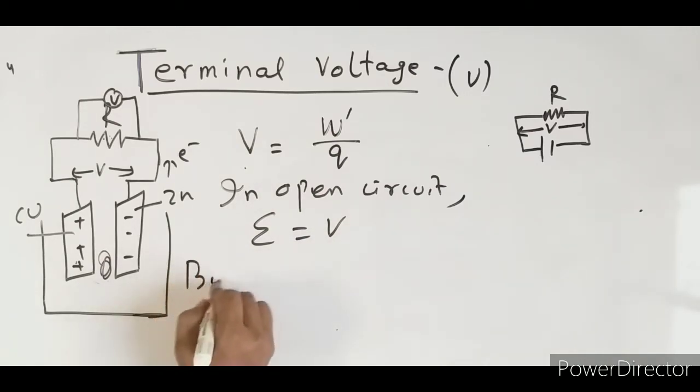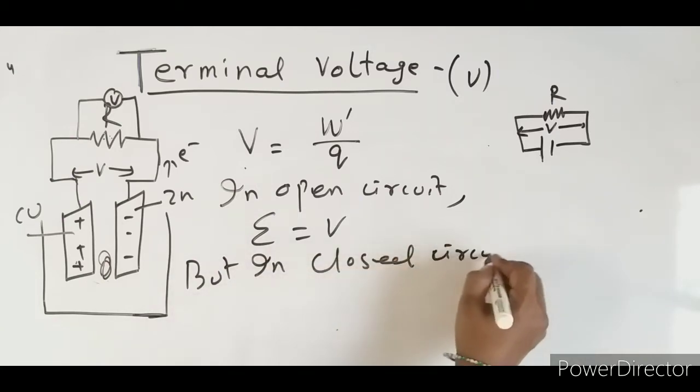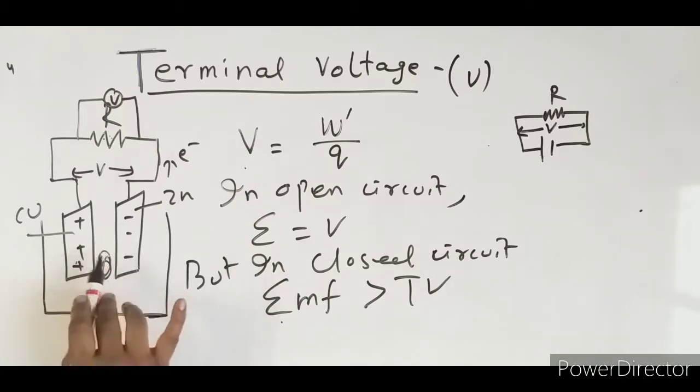But in a closed circuit, when current is flowing, EMF is greater than terminal voltage, because EMF is the actual and maximum potential difference of the cell, whereas the terminal voltage is the voltage across the terminals of the cell, which will be less because some energy is spent inside the electrolyte due to the internal resistance of the cell.